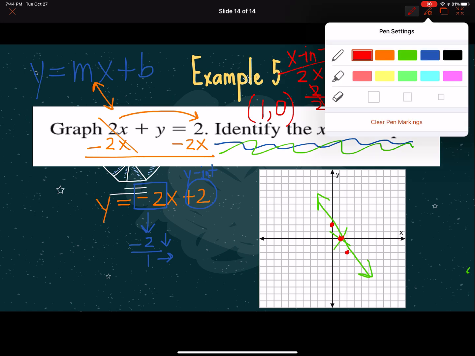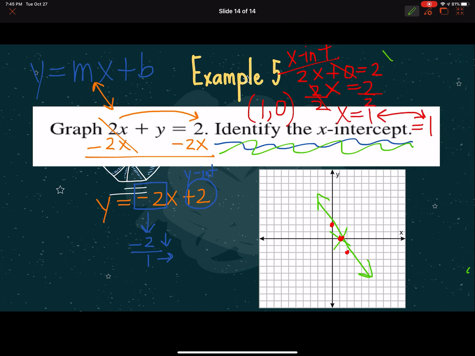Now, if I were going to find my y-intercept, I would substitute a 0 in place of x. Anything times 0 is 0, and that just leaves us with y equals 2.